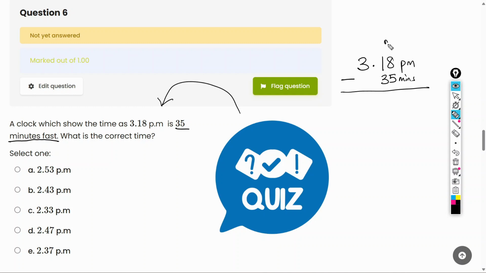Remember, this is our minutes and this is our hours. So this is 18 minutes minus 35 minutes. 18 minutes minus 35 minutes, that will not go. So we go to 3 and borrow 1, and we are left with 2. Remember that this represents hours. If we are borrowing 1 hour, when it comes over here, it changes from 1 hour to 60 minutes, because 60 minutes make 1 hour.